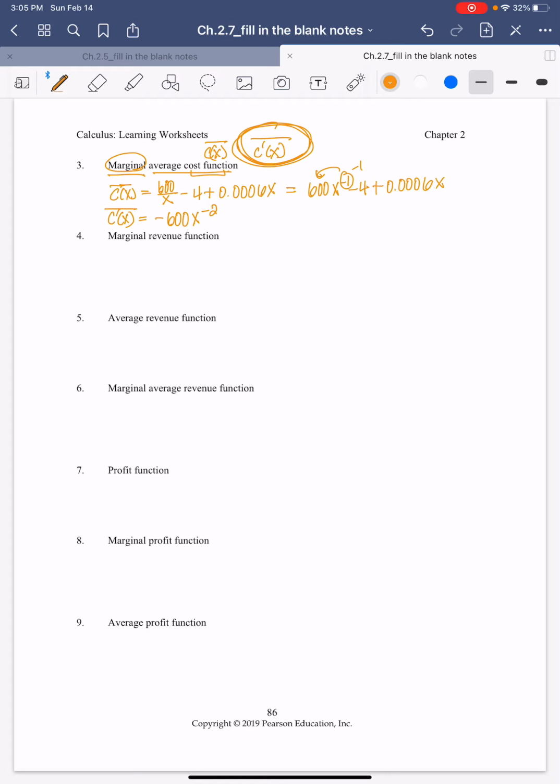Negative 4 is a constant, so it disappears, 0. This last term, 1 comes down, subtract 1, that's a 0. So I have 0.0006. So my final answer, you can leave it like this, or if you want to put it into a positive exponent, that will be negative 600 over x squared plus 0.0006. Done.